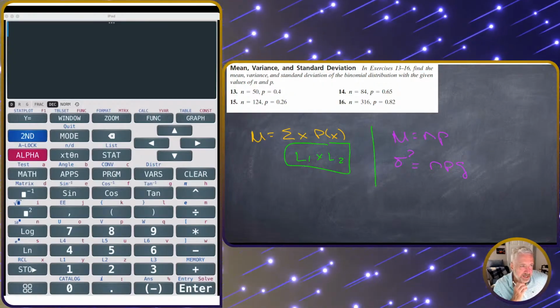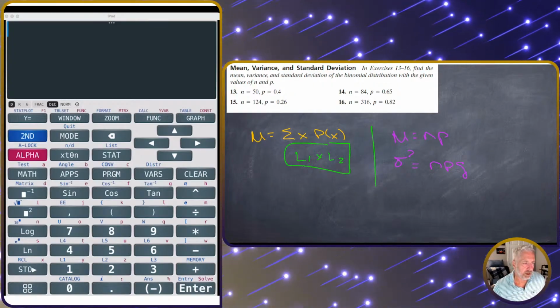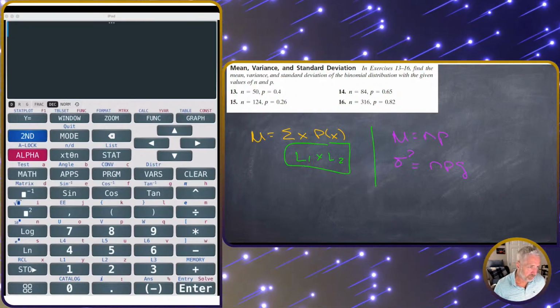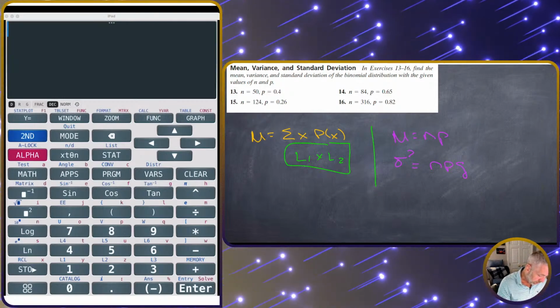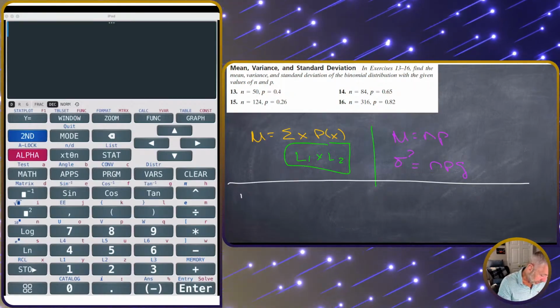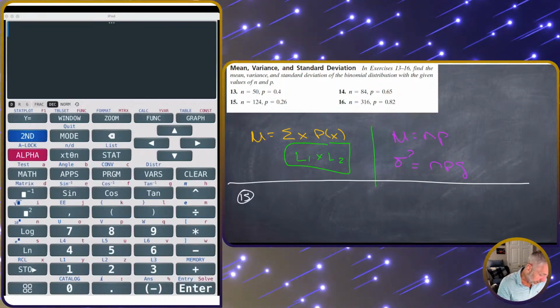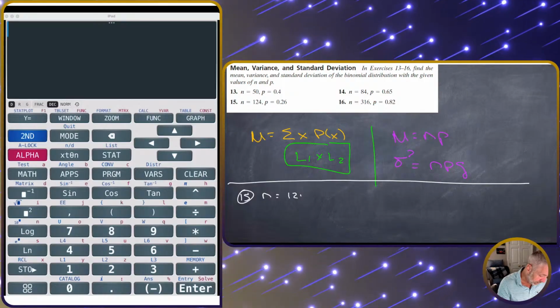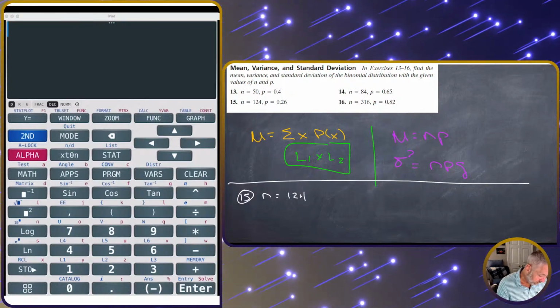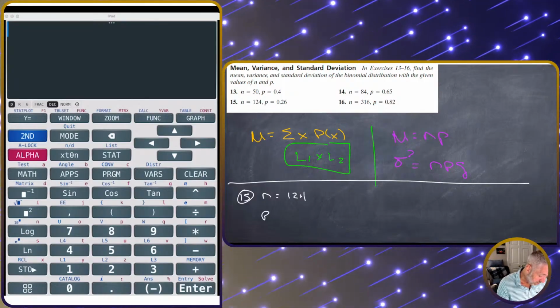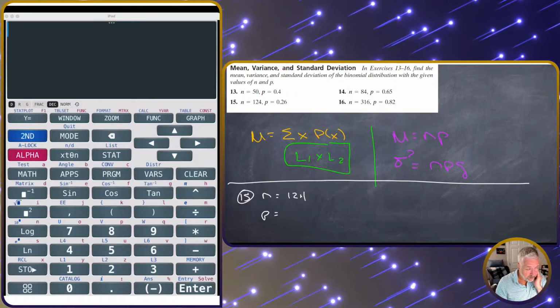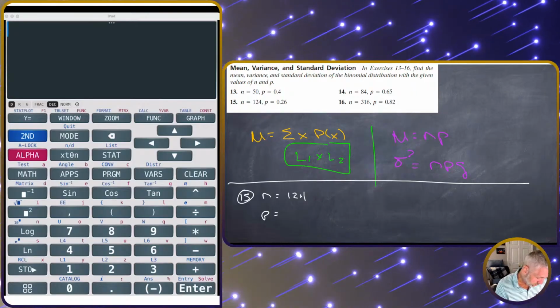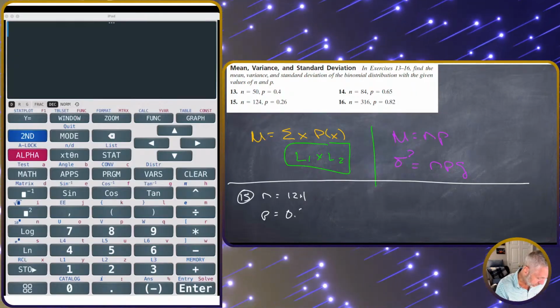So let's talk about finding the mean of, say, number 15. If you were given one, like number 15, where n equals 124, and the probability of success for the discrete random variable is 0.26.